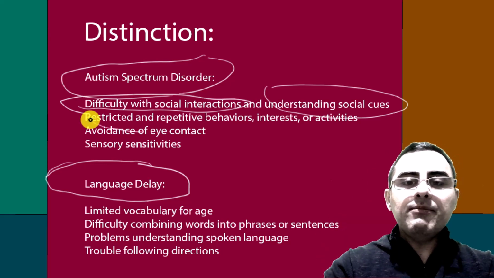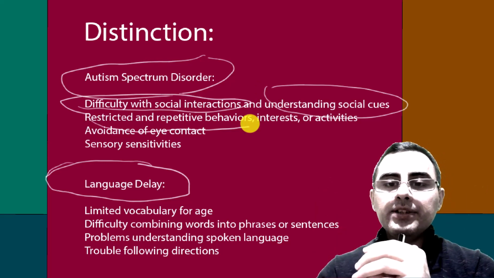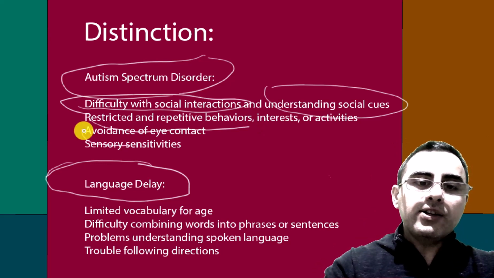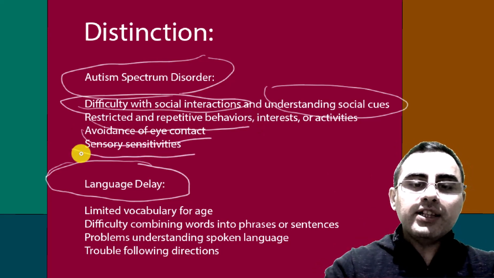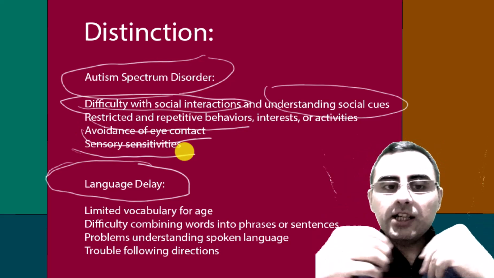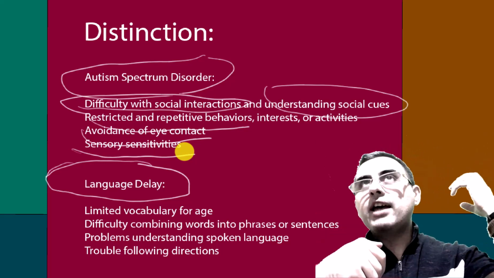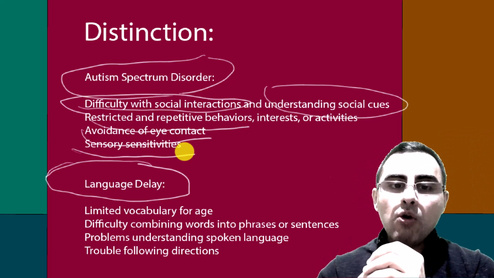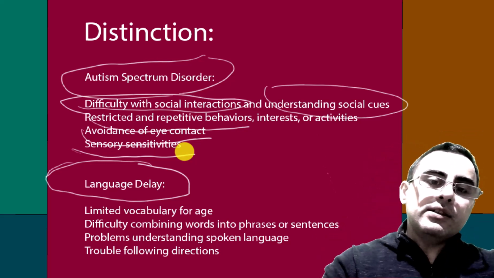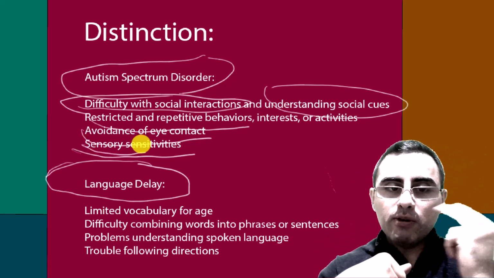Restricted and repetitive behaviors, as I told you, like hand flapping, restricted interest or activities, avoidance of eye contact, and sensory sensitivities. Such sensory sensitivities can be to touch, smells, or light. For example, they don't like when lights are on, or it can be otherwise. It can be hyposensitivity and hypersensitivity also, both.